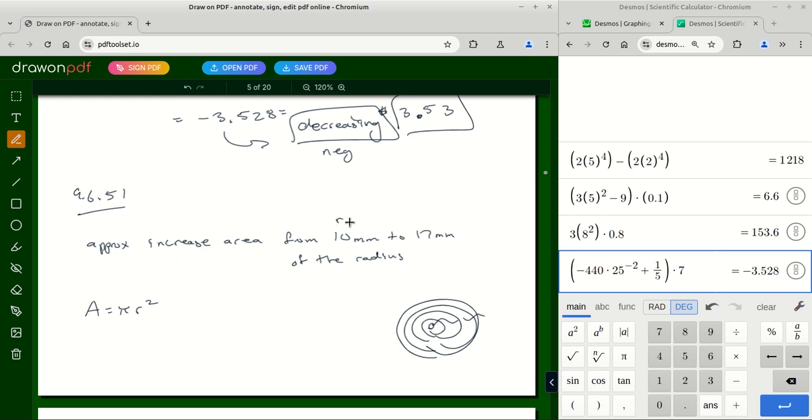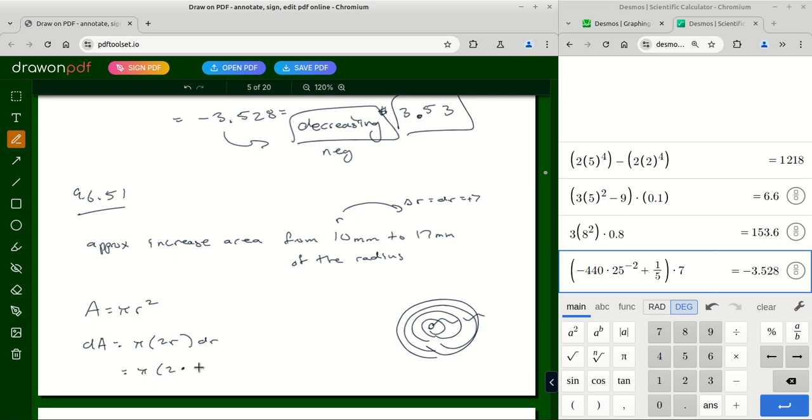This is going to be my R1 or just R, and you can see that my delta R, my change in R, my dr is 7, right? I go from this to that, and it's a positive. Sometimes there might be a negative. So dA is going to be pi times 2r, and then r prime, or dr, and I'm just going to plug them all in.